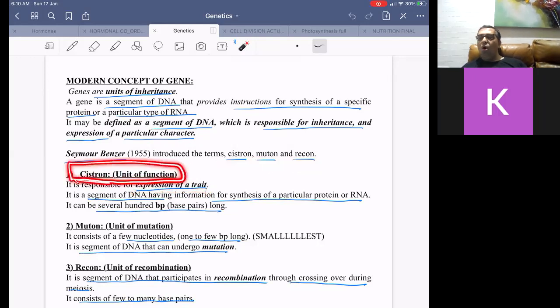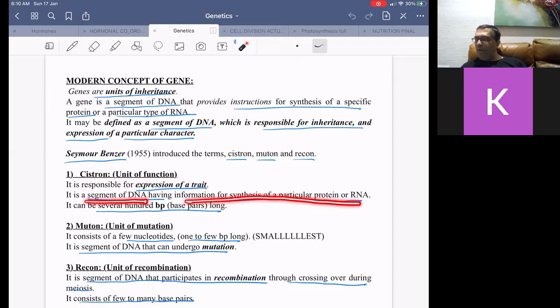A cistron is a functional gene which is responsible for expression of a trait. It is a segment of DNA having information for synthesis of a particular protein or RNA. So it forms an RNA which forms a protein. It is several hundred base pair long.